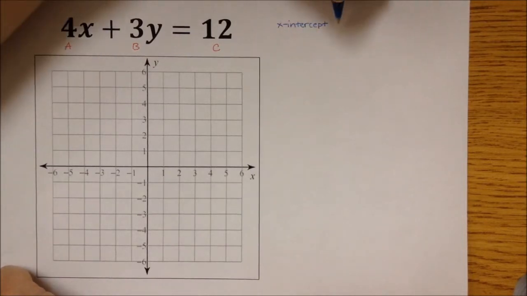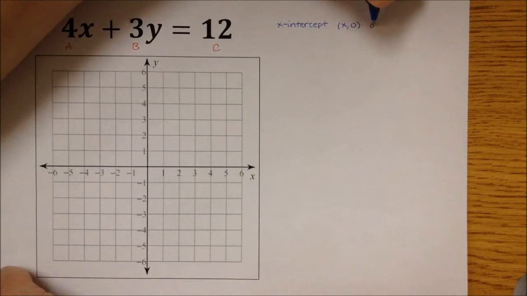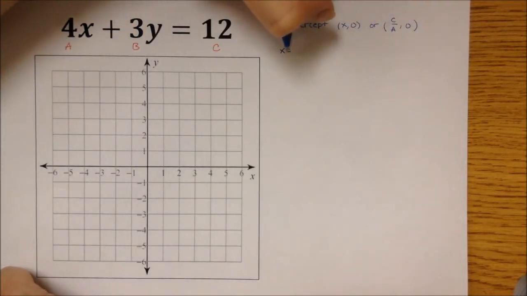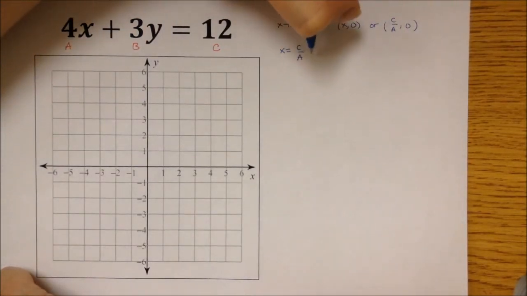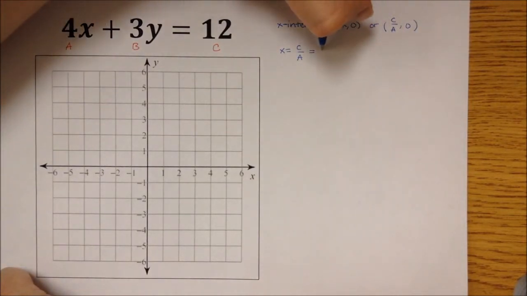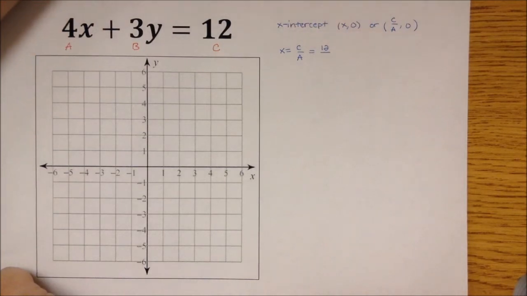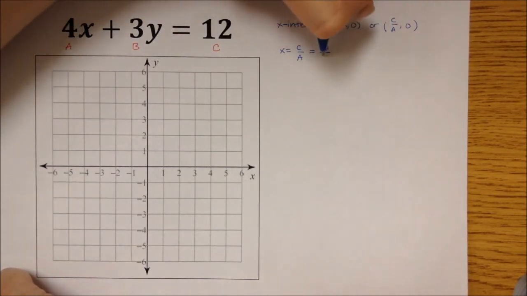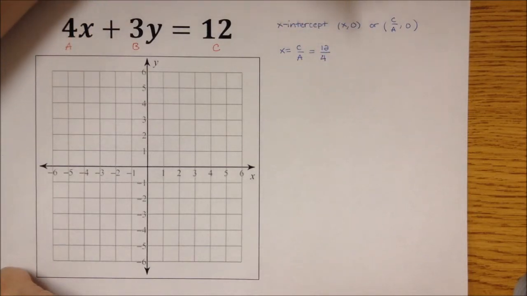Remember, the x-intercept is always a coordinate point, so x, 0, or capital C divided by capital A, 0. So x equals capital C divided by capital A. Our C value, which is positive 12, divided by our A value, which is positive 4.